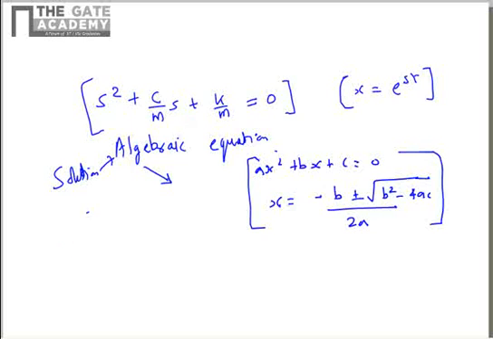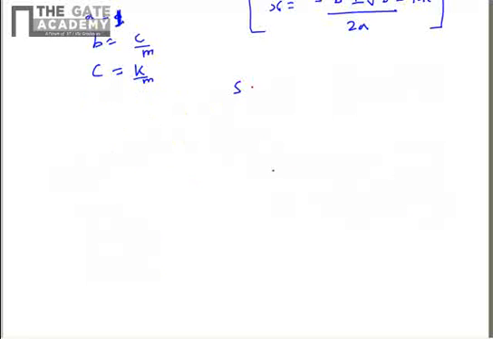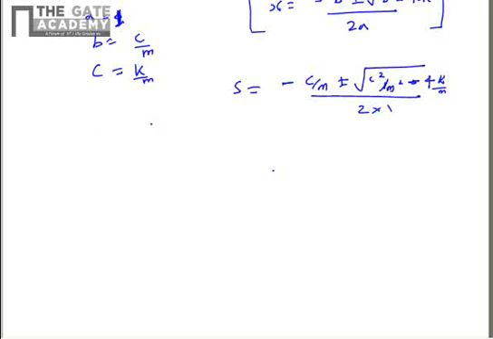So comparing this equation, we get a equal to 1, b equal to c by m, and c equal to k by m. So the solution of our equation will be s equal to minus c by m plus minus root over c square by m square minus 4 into 1 into k by m, divided by 2 into 1.